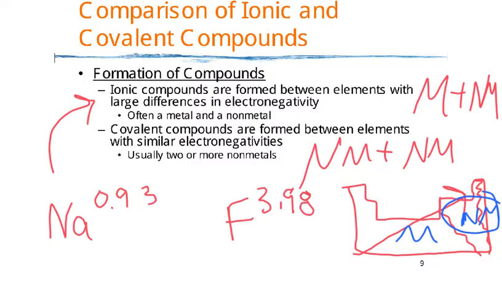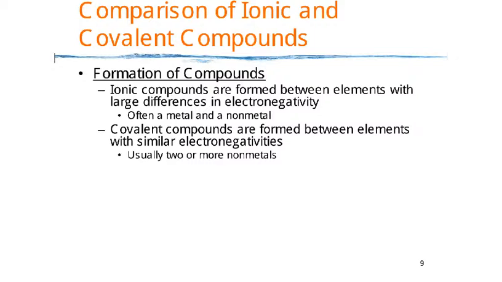Just take a look at oxygen and fluorine. On your periodic table, if you look at oxygen, oxygen has an electronegativity of 3.44.